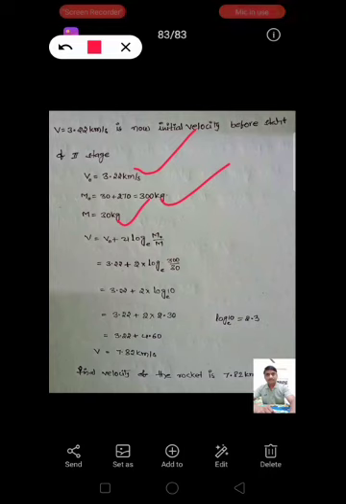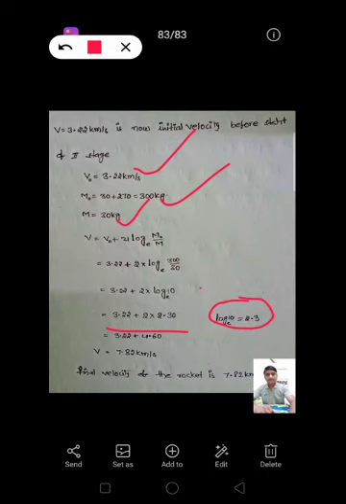So then we get 10. So 3.22 plus 2 into log 10 to the base e. So then 3.22 plus 2 into 2.30. Here 2.30 is the value of log 10 to the base e. By substituting this, we will finally get v is equal to 7.82 kilometer per second. This is the final velocity of the rocket, that is 7.82 kilometer per second.